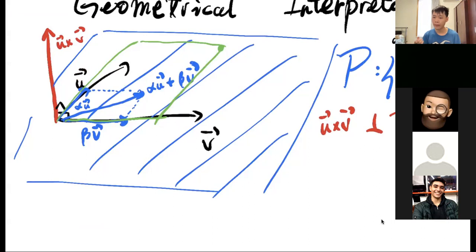Oh, okay. And is this the reason why the cross product can only work in R3? It can't work in any other arbitrary dimension? It is because it tells you about the perpendicular vector on the plane.